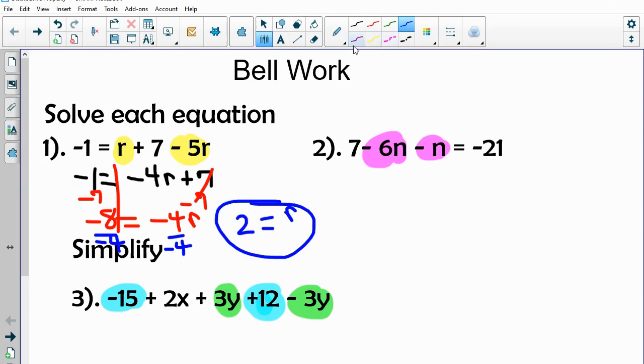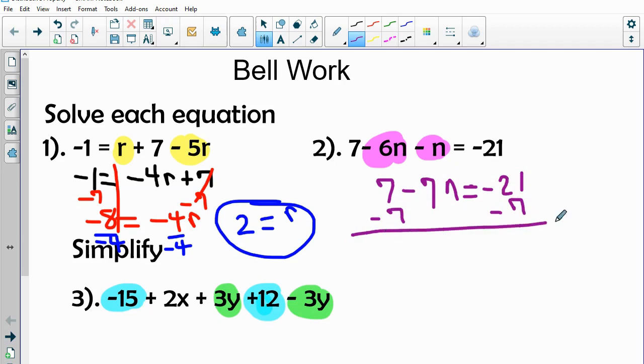On the second one, we've got negative 6n and negative 1n. So when we simplify this, we end up with 7 minus 7n equals negative 21. Now all we have to do is subtract 7 from both sides, and we end up with negative 7n equals negative 28.